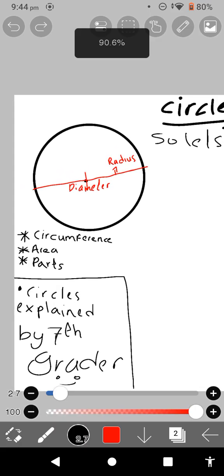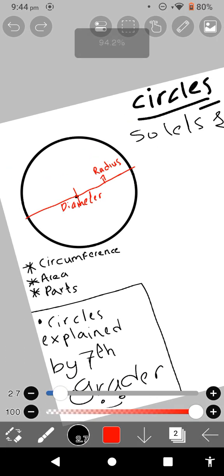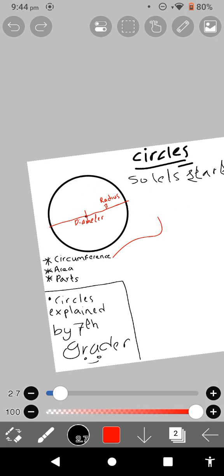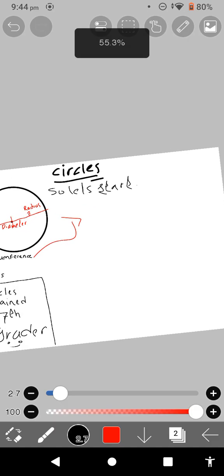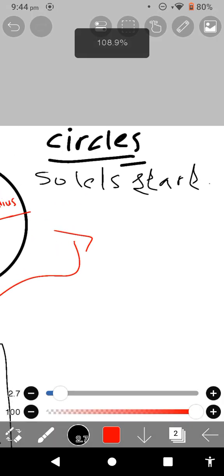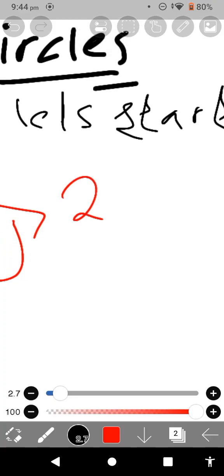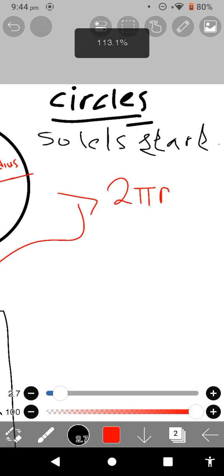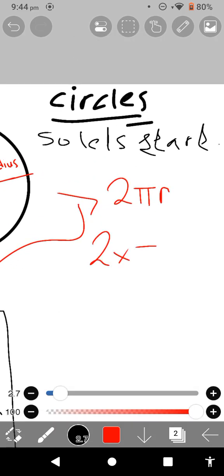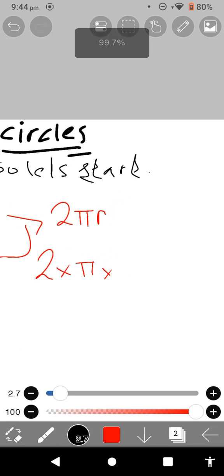Now let's move on to the circumference of the circle. The formula for the circumference of the circle is 2 pi r. That means 2 is multiplied by pi and multiplied by r.